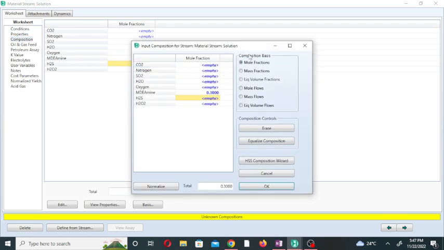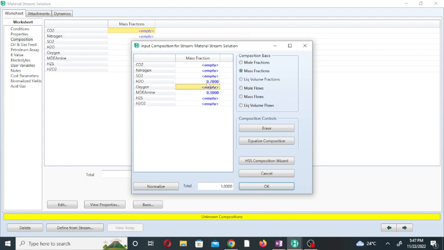So we will click on the mass fraction because it is weight fraction. So 30%, click on it. And how much water? 70% is water.